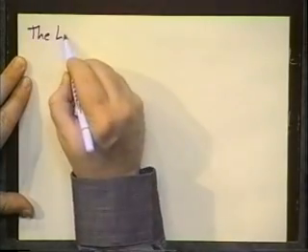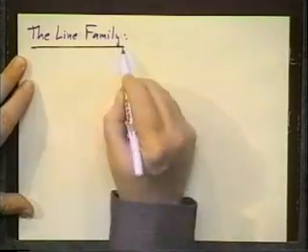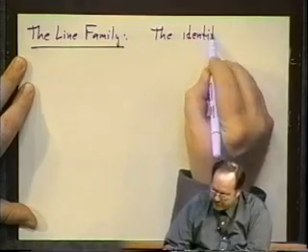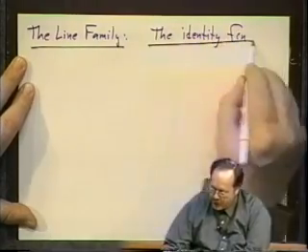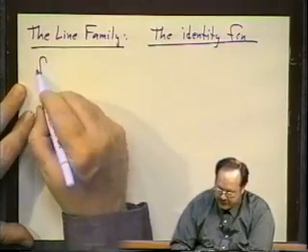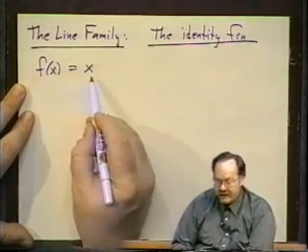The first one. So this is the line family again, and one particular member of this is what we will call the identity function. Now, what does that mean? Well, you can think of it as the function that doesn't do anything to a domain element. f of x equals x. The x goes in, the x comes out.